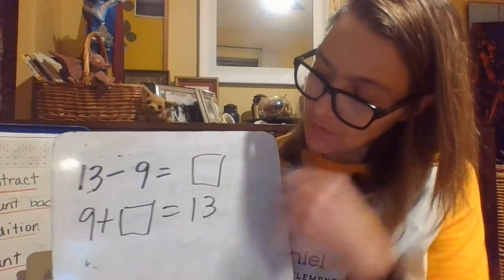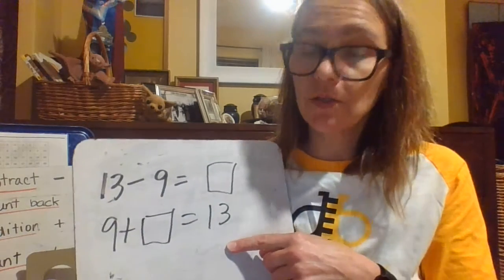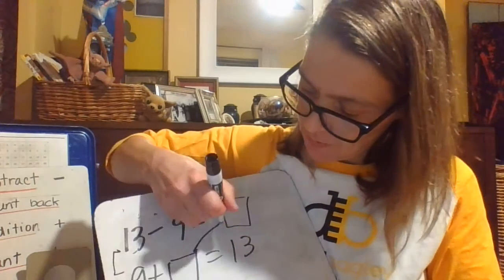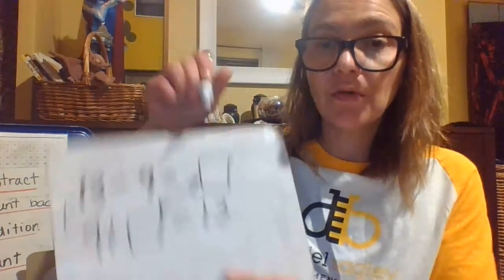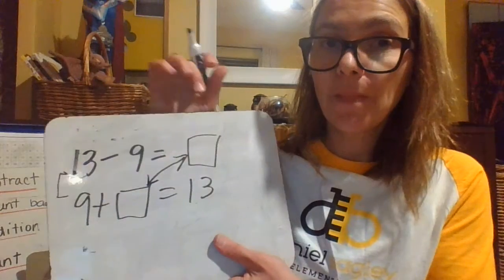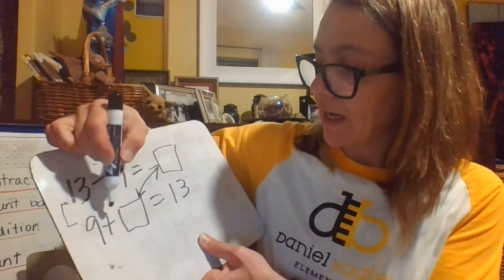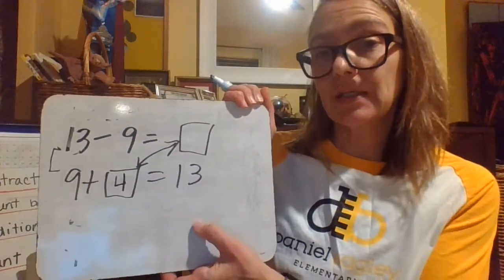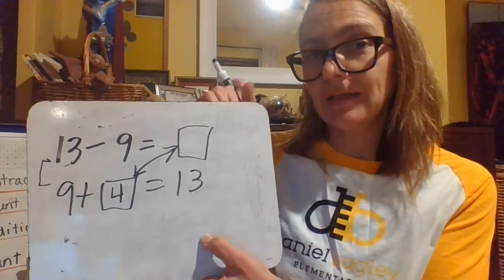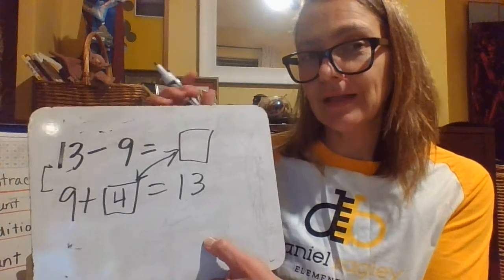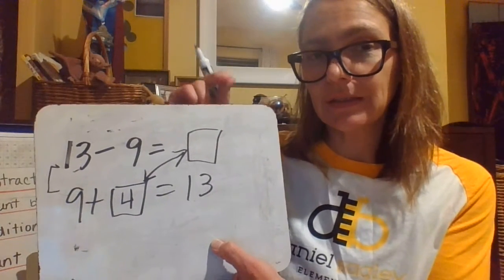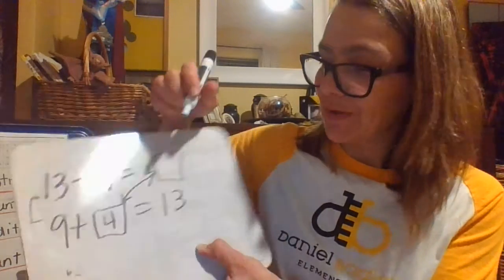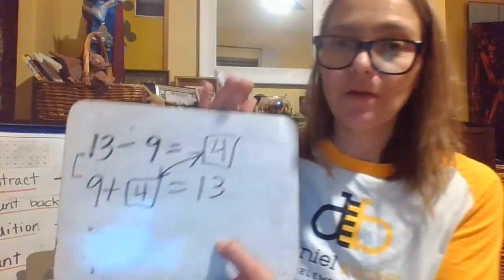If we know this addition problem, it relates to the subtraction problem because these two are going to be the same number. I know that 9 plus 4 equals 13 because I made it 10: 9, 10, and I had 3 left over, so I added that real quickly. So then 13 minus 9 must also be 4 because they're related. They're part of a family.